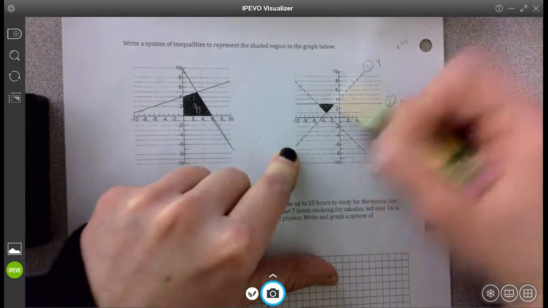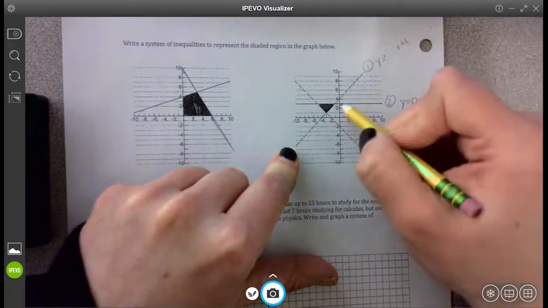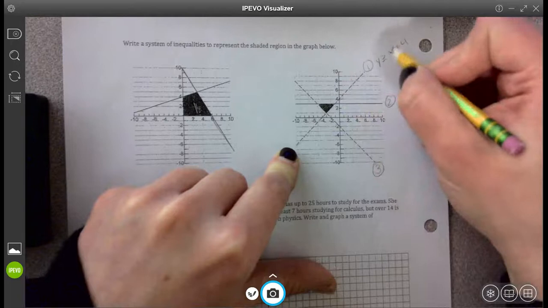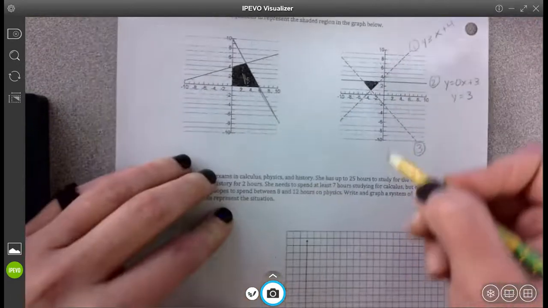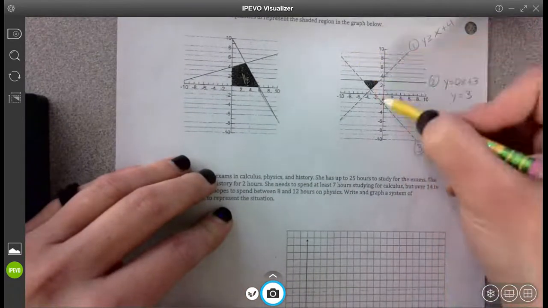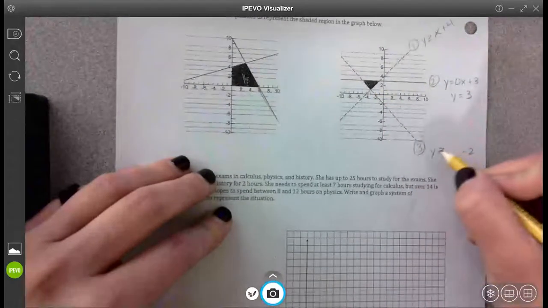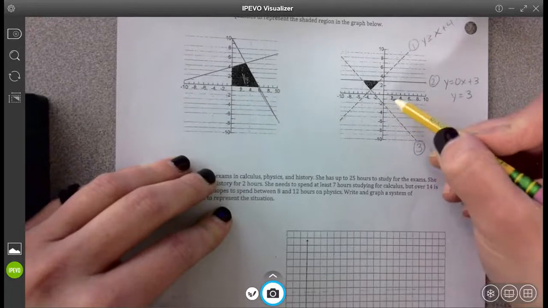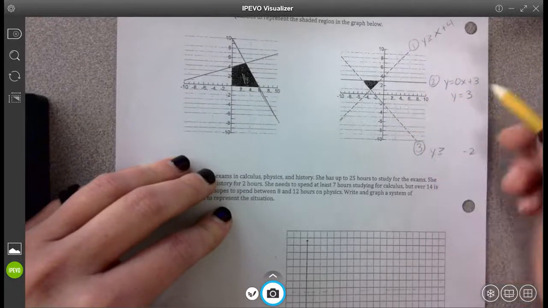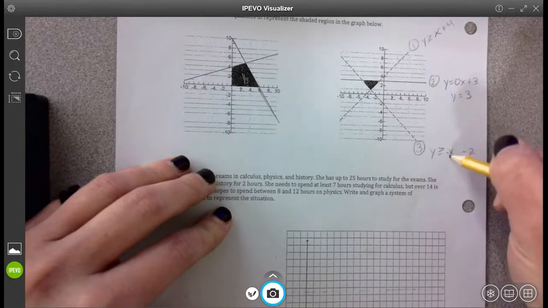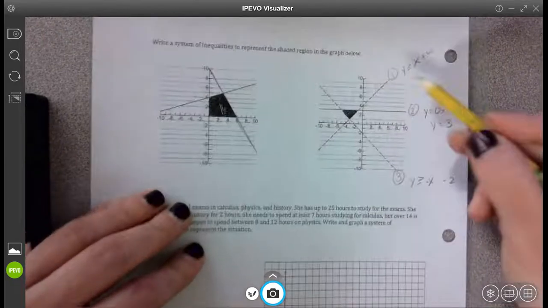You shaded it above, and your slope looks like it's up 1 over 1. And here, you're at -2. You're shading above. Your slope is down 1, left 1. Okay, so that's the only real difference.